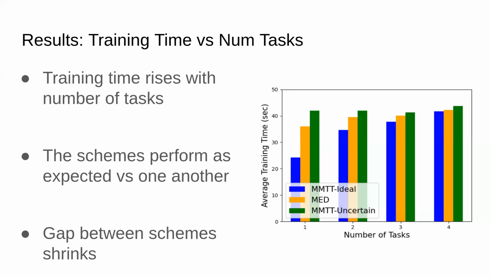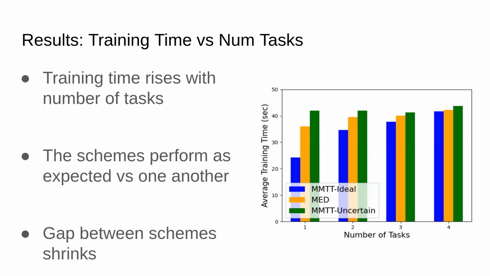When varying the number of tasks, we can see that while training time rises with the number of tasks for all schemes, that rise is capped at the deadline. Because workers can't work past the deadline, the training time can only be as high as the deadline.